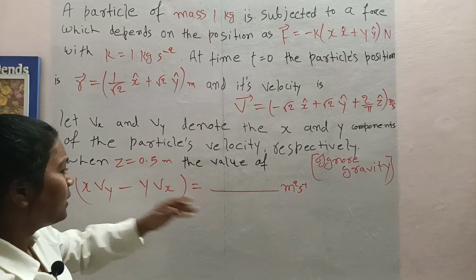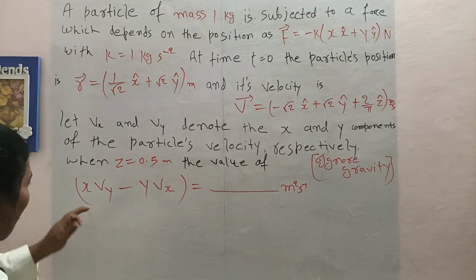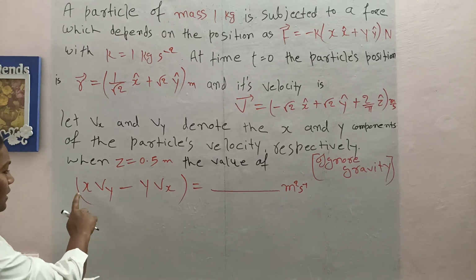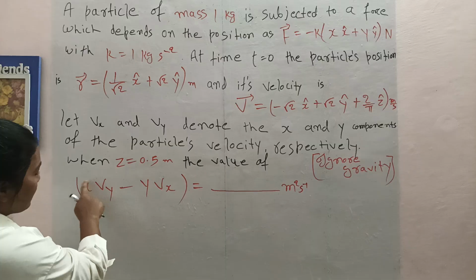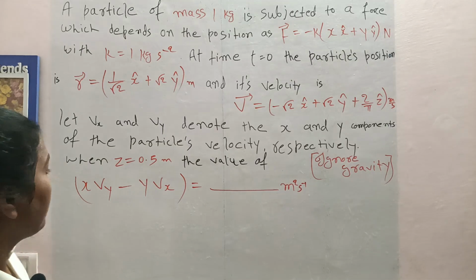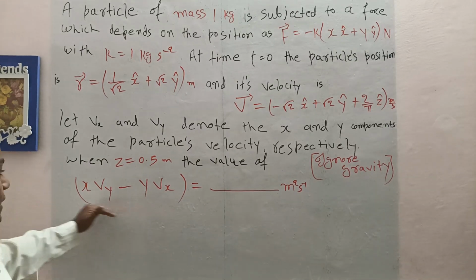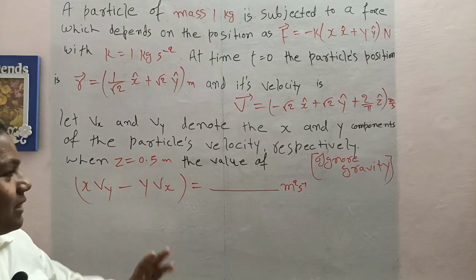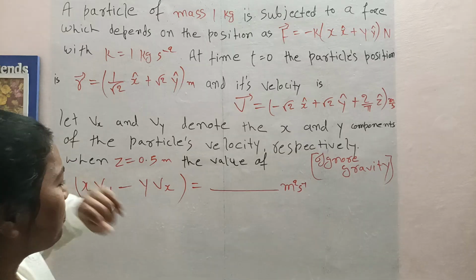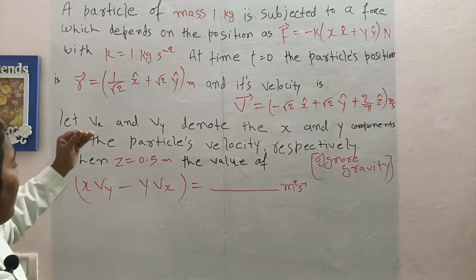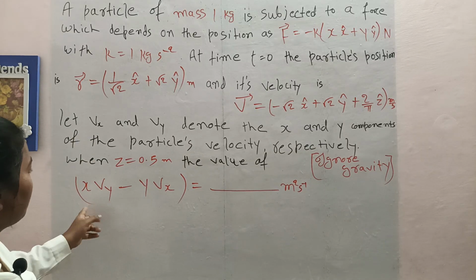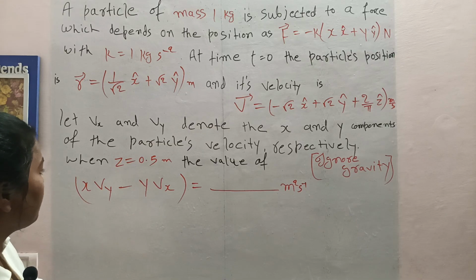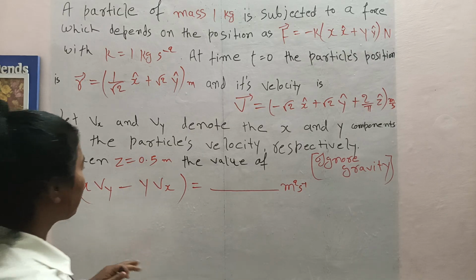For this, we have to find the position x. Here x is the position, so we need to find this x Vy minus y Vx. This question looks so big, but we need to find only this.